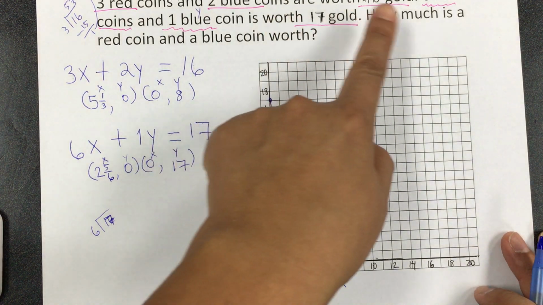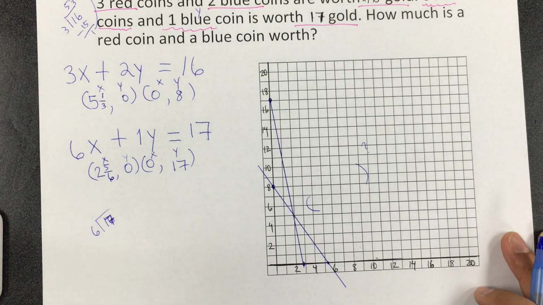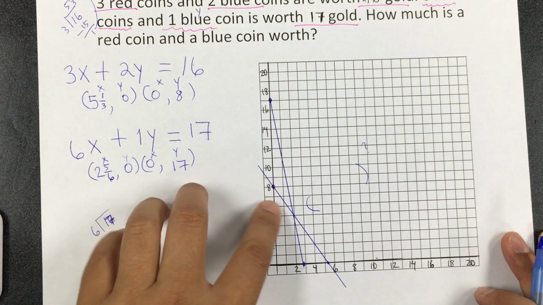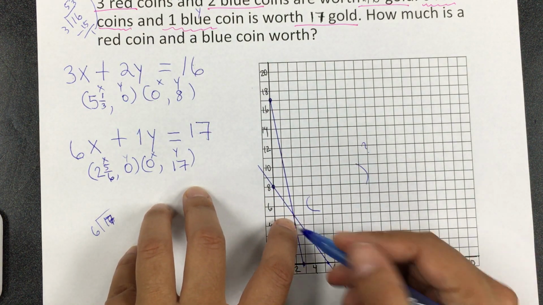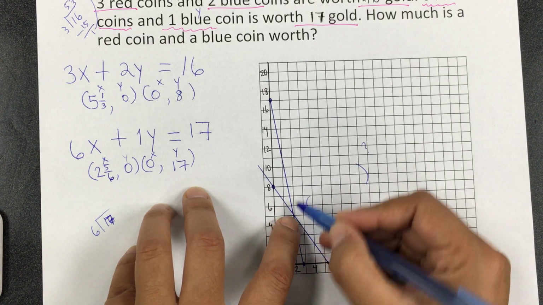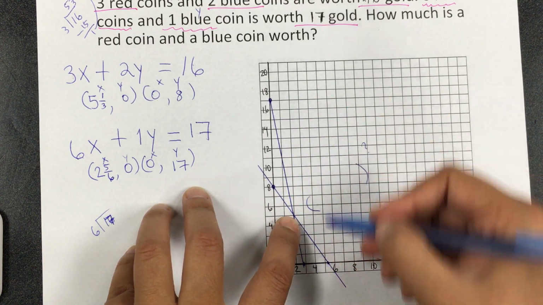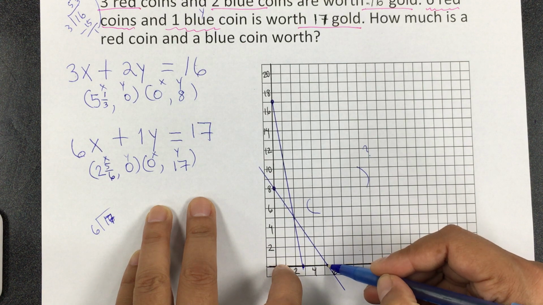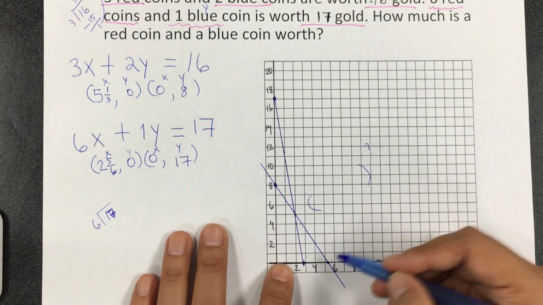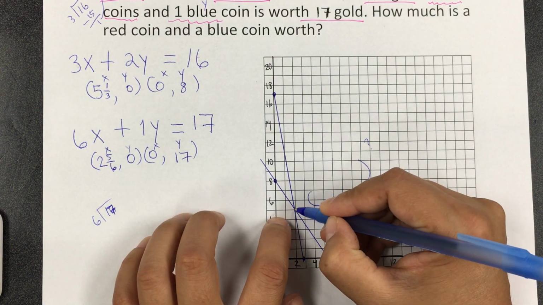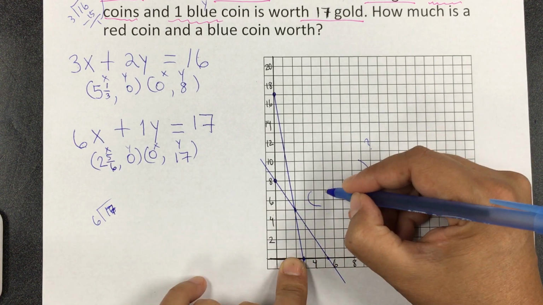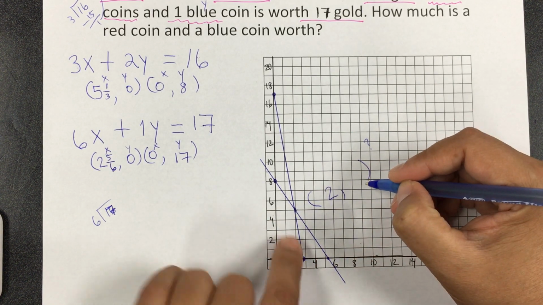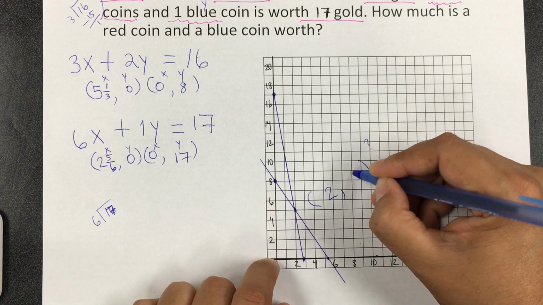Let's see, I'm assuming that this is a whole number, so we'll see. It looks like it's a little higher than that, but it's because we're placing it, it's not as accurate, okay? It's not exact. So I'm thinking that it might be 2, and it aligns to 5 on y.